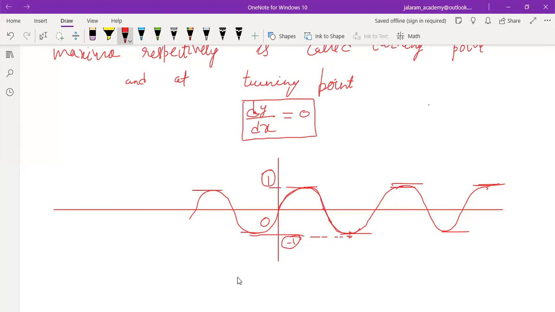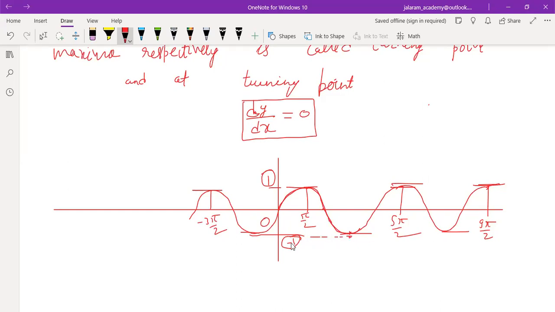Okay. And this point pi by 2, then next plus 2 pi, 5 pi by 2, then again 2 pi, 9 pi by 2, and minus 2 pi means -3 pi by 2 and so on are the points of maxima. Understood? All these points are the points of maxima.